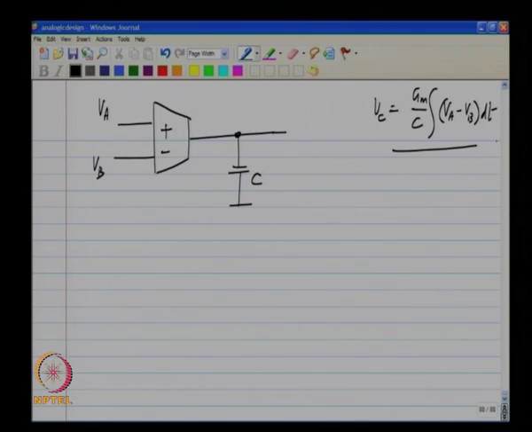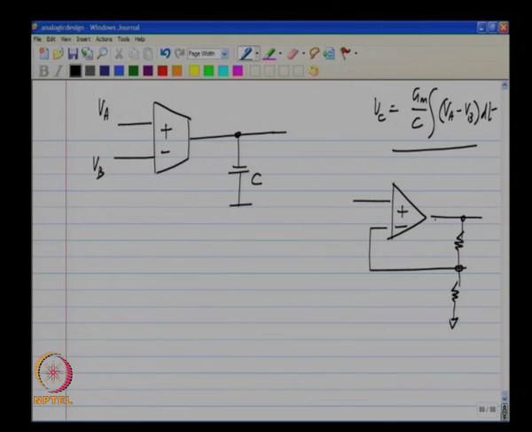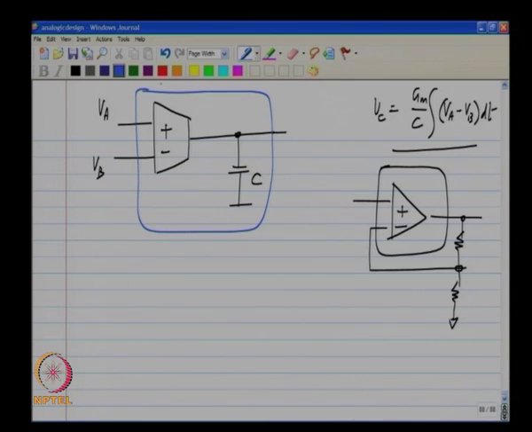Now, we can try using this in our amplifier. Earlier we wrote down the picture of the amplifier, which is like this, okay, where this op amp is realized using this circuit.